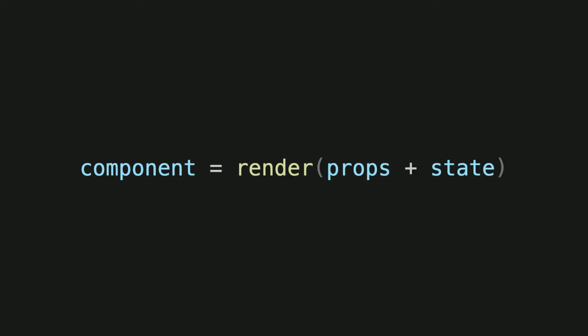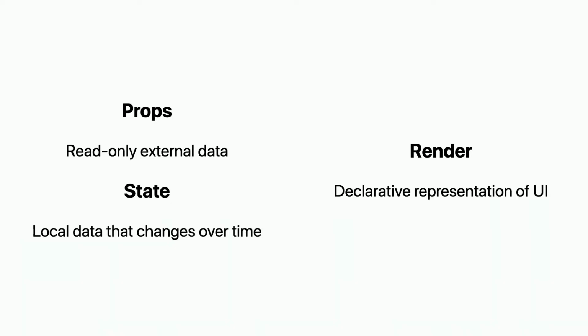So we'll define those terms. I think we could define these pretty simply, and I'm borrowing this term props from React, but you could think of that as parameters or properties. Props are read-only external data that gets passed to the component as a dependency to it. It's kind of external, it's given to it. You can think kind of like an HTML attribute, right?